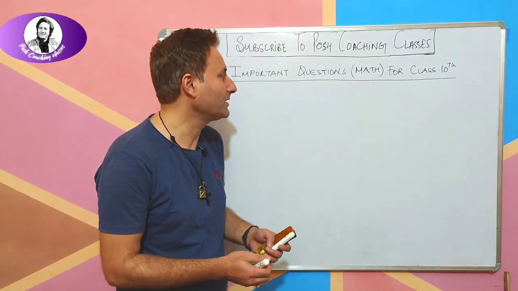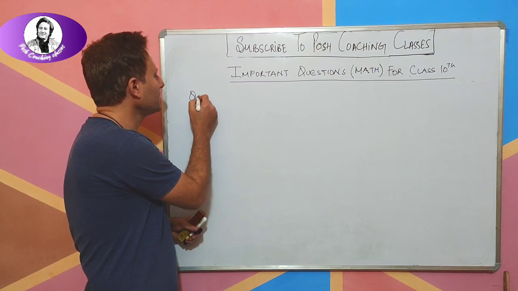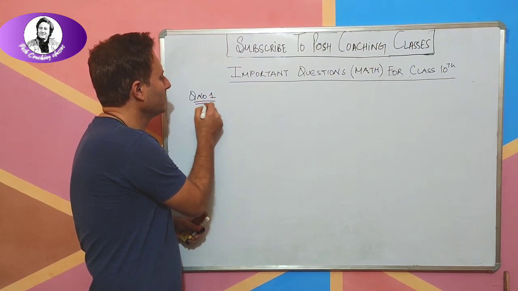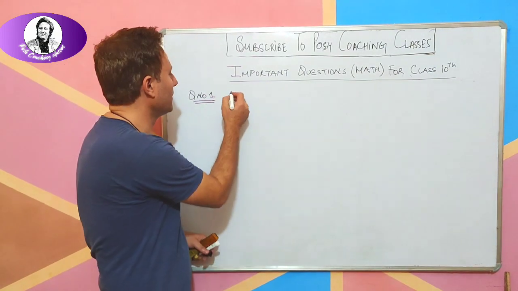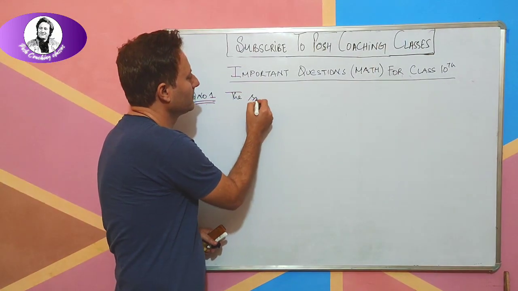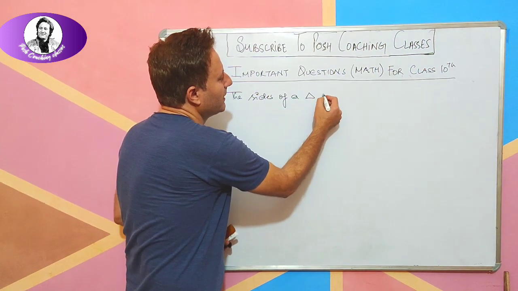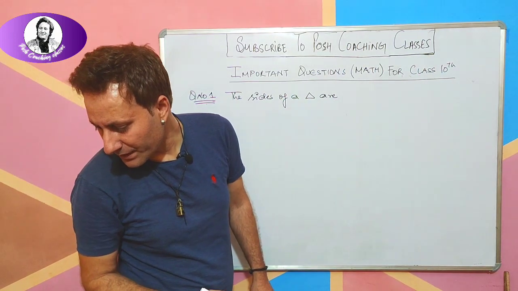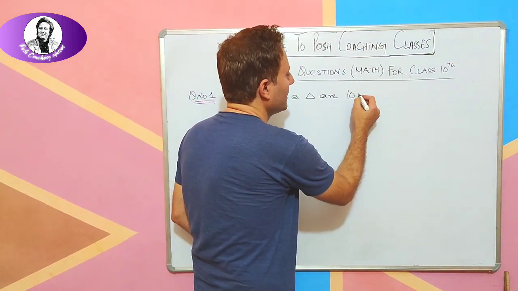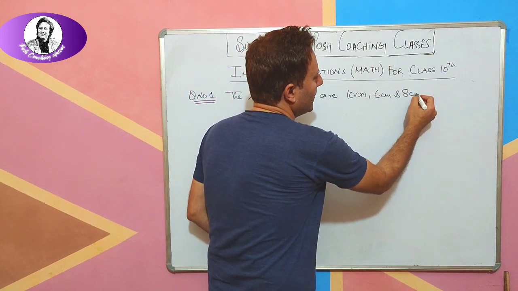I'll write the question and we'll try to solve it as well. So question number 1 which I have chosen is: the sides of a triangle are 10 centimeter, 6 centimeter and 8 centimeter.